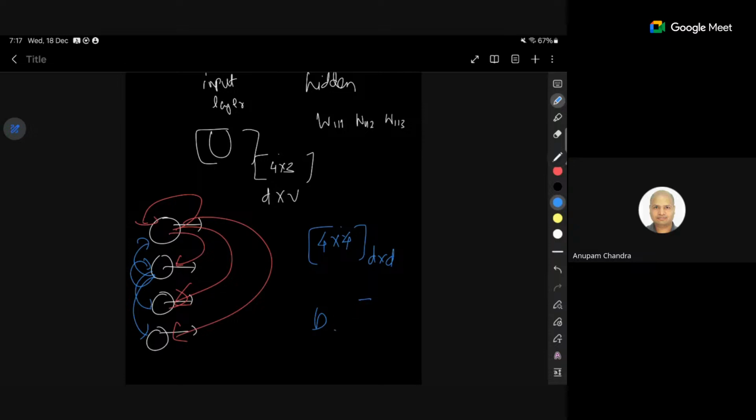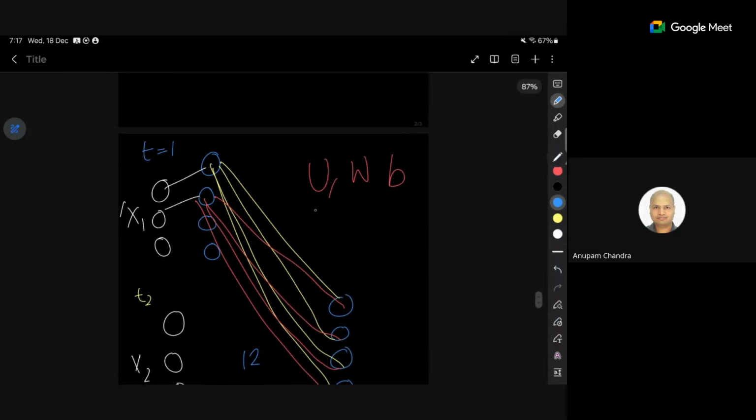So we covered that U will be d cross n, W is going to be d cross d, and B is going to be d cross 1. So this is the dimension of each of them.